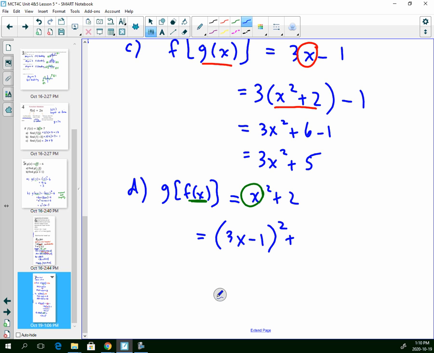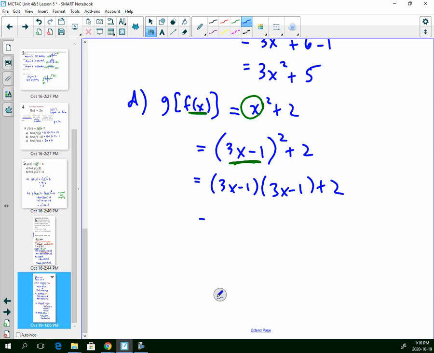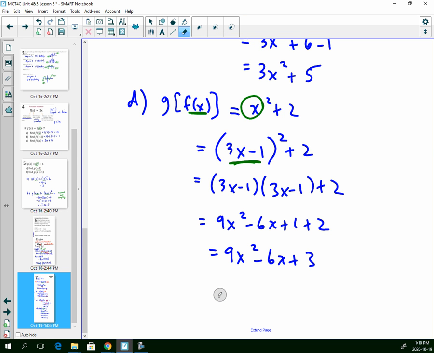And that's going to be squared. So here I've replaced x with f of x, and then I have to expand it. So we'll just expand brackets, collect like terms.